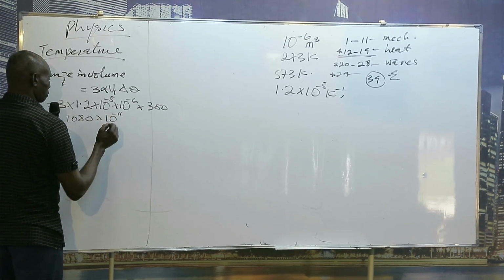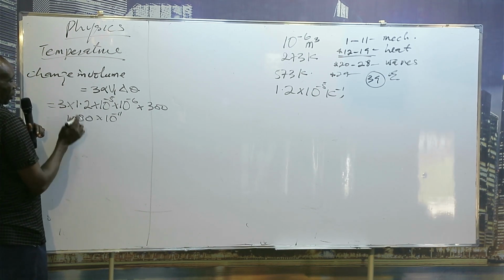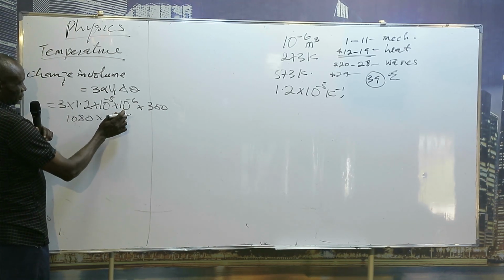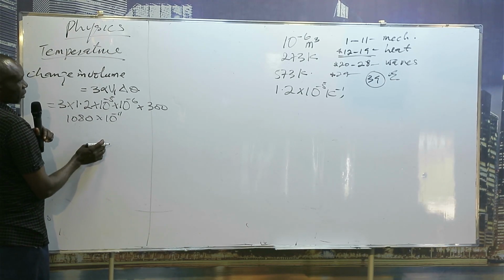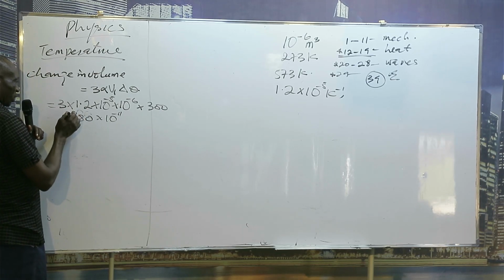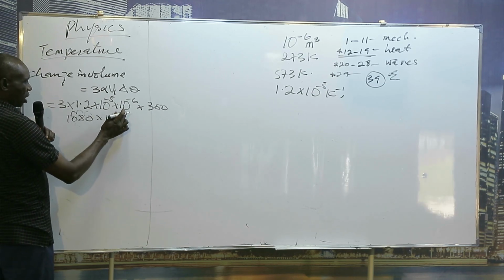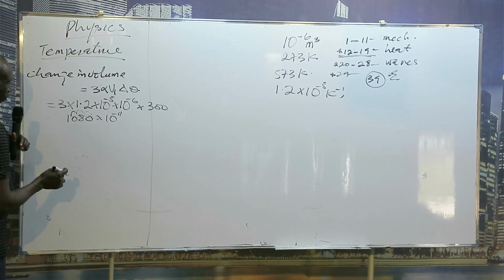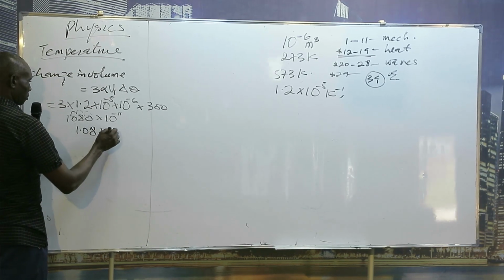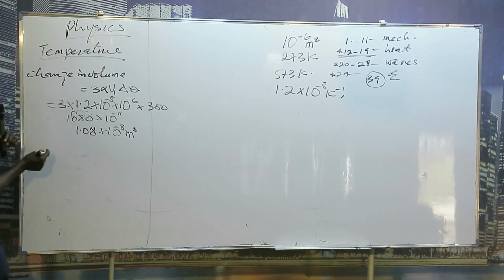This is minus 11. So we can count 1, 2, 3 to make this minus 8. To cancel this, remove 3 from here. Plus 3 means minus 8, okay? So I can write 1.08 times 10 to power minus 8, which is meter cubed. This is the change in volume.